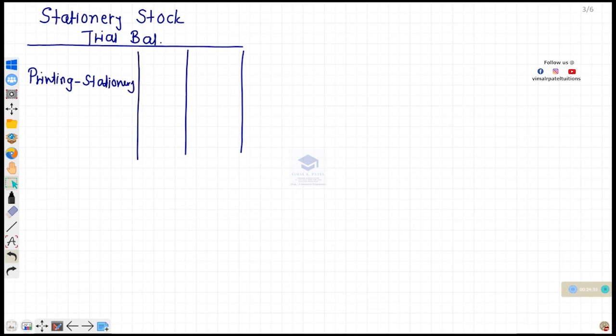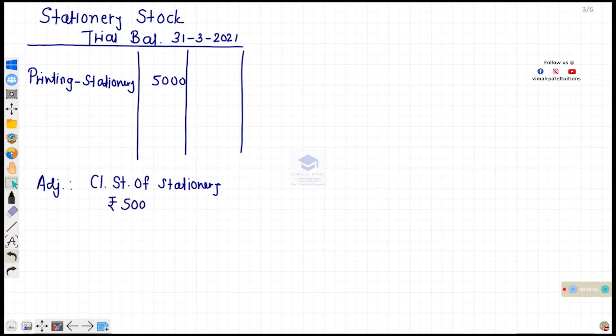Printing and stationery expense, say 5,000 rupees. In the adjustment, closing stock of stationery rupees 500. Then it will have two effects.